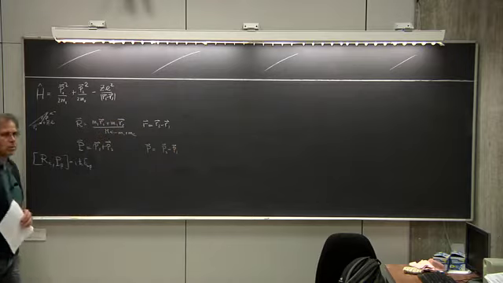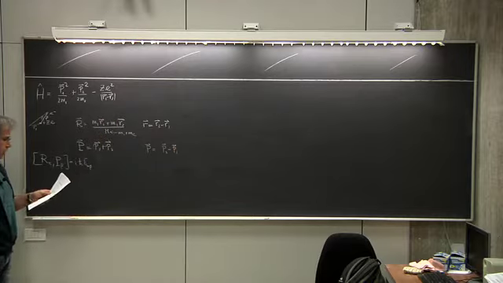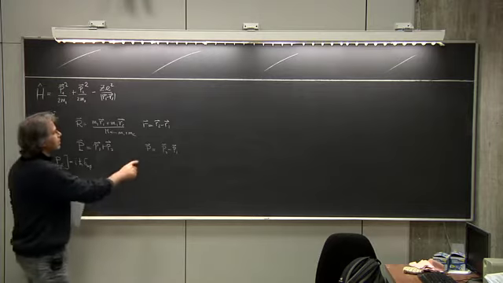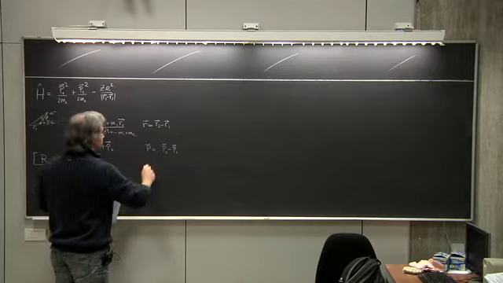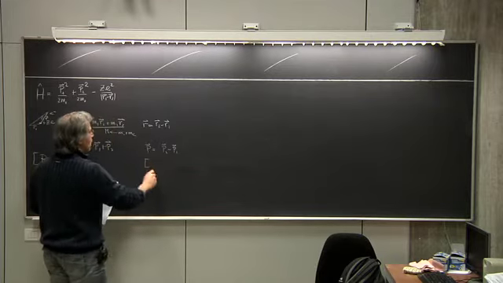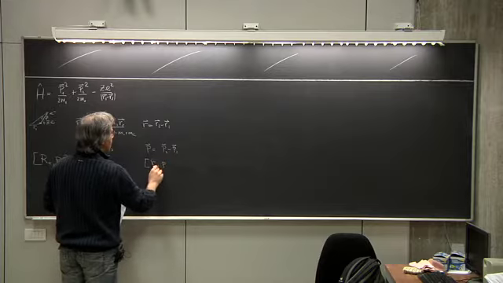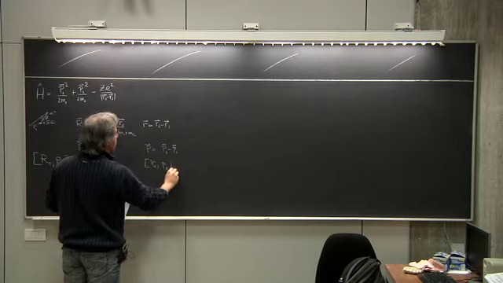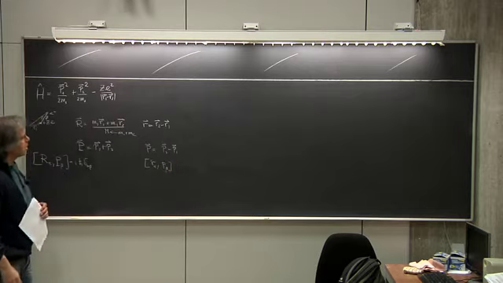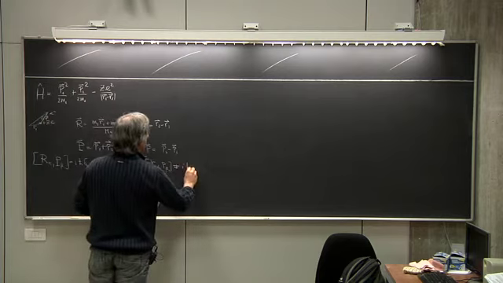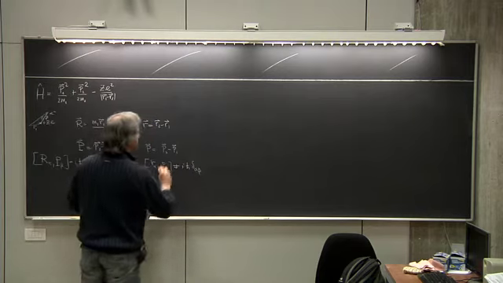But if you do so, you will notice something bad. You will notice that this relative momentum is not canonically conjugate to r in the usual way. If you try to calculate any component of r with any component of p written in this way, you will not find i h bar delta alpha beta.